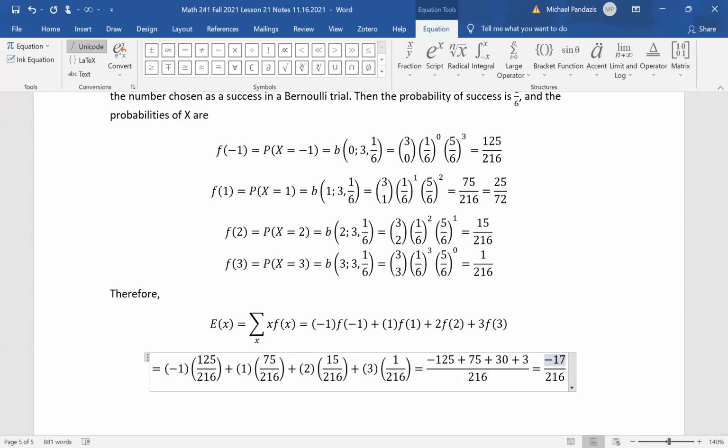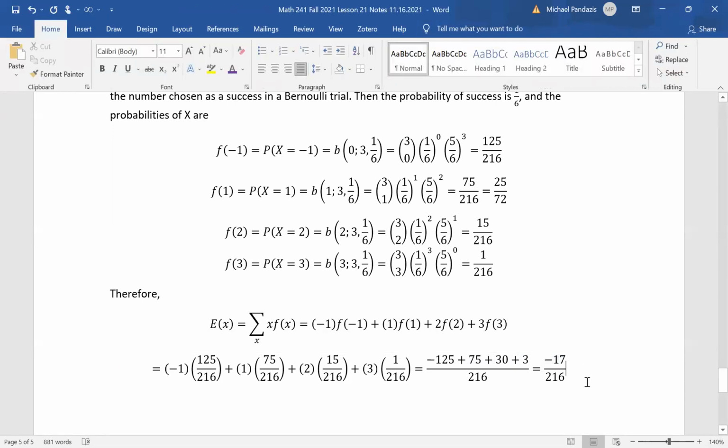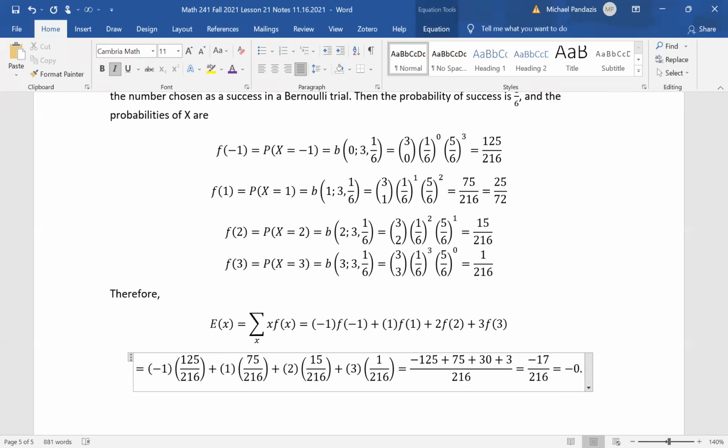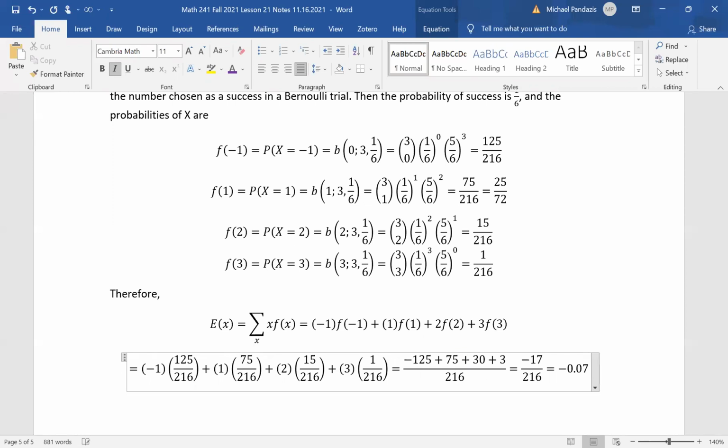Good. -125 plus 75 is -50. -50 plus 30 is -20. Negative 20 plus 3 is negative 17. So the expected value is negative 17 over 216. As a decimal, this is equal to negative 0.0787.